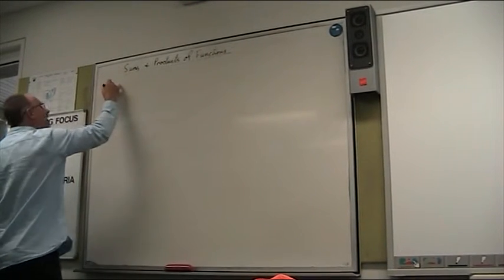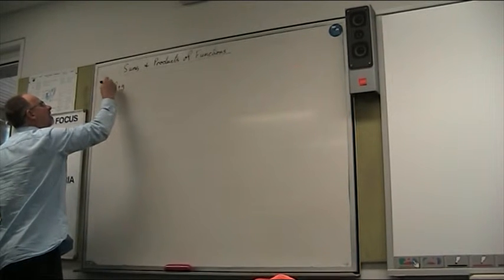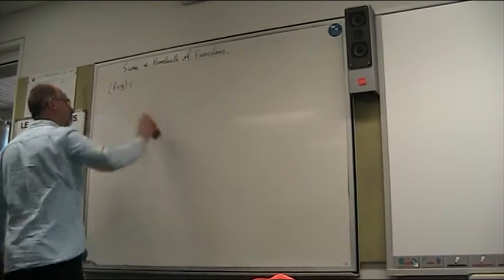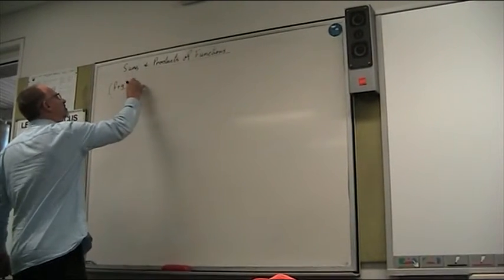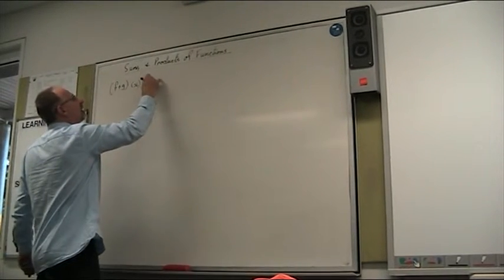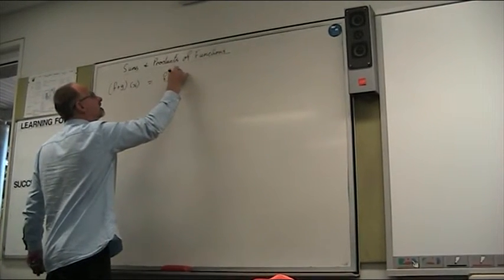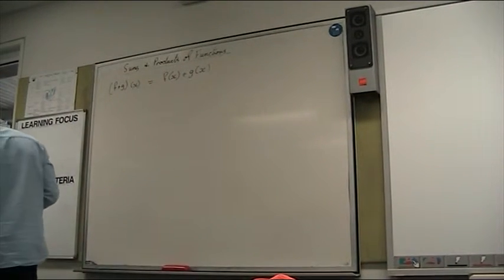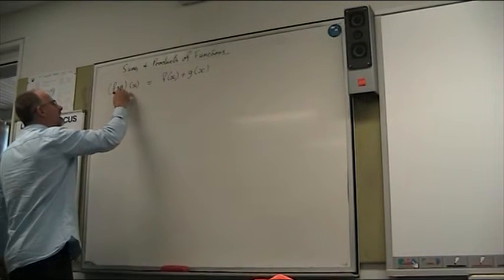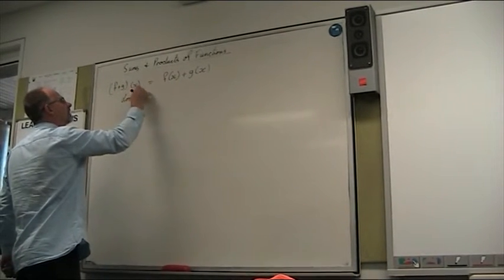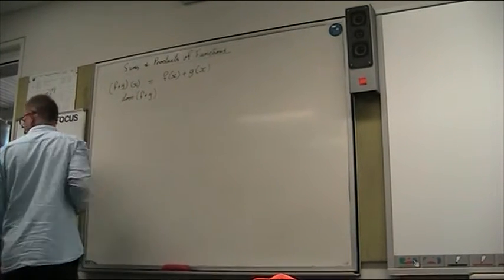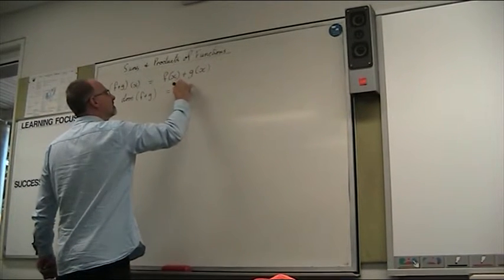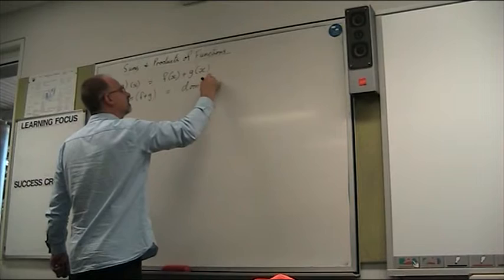Alright, so again, this is a reminder, f plus g of x. What that means is that you take f of x and g of x, add them together, and the domain of f plus g is the intersection between the individual domains.